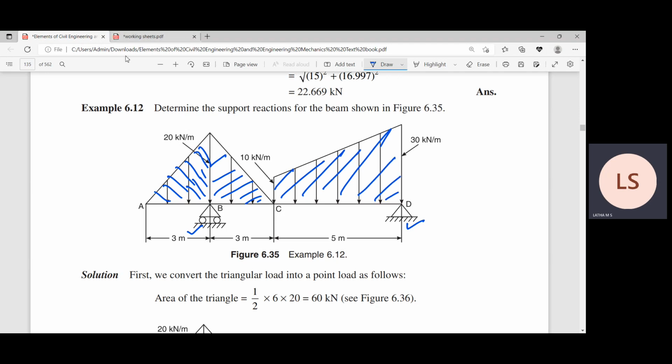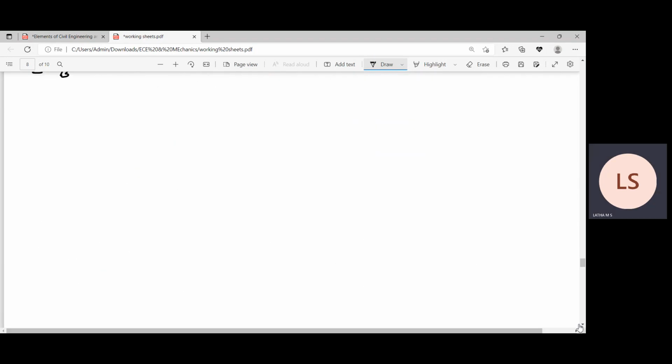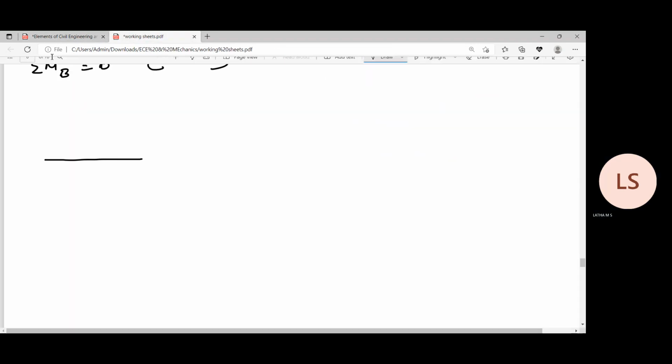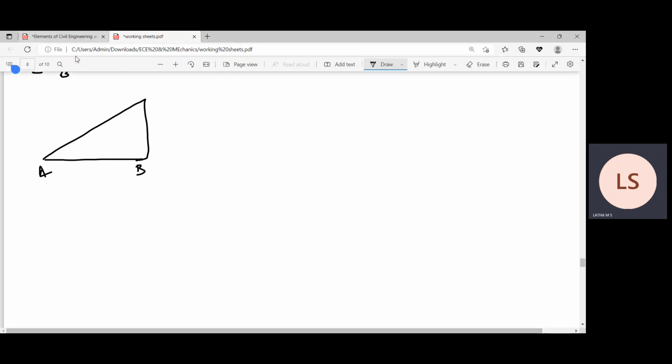Let's convert the AB load into a point load. What is the intensity of the load AB?